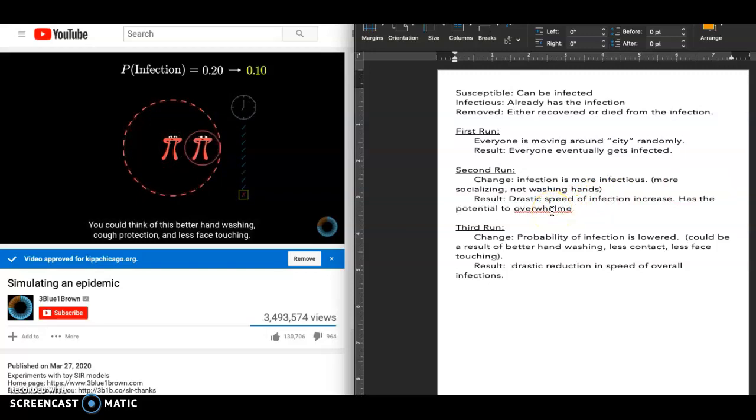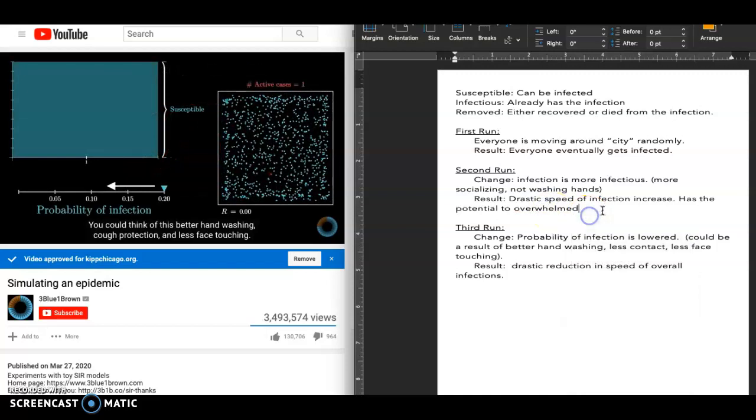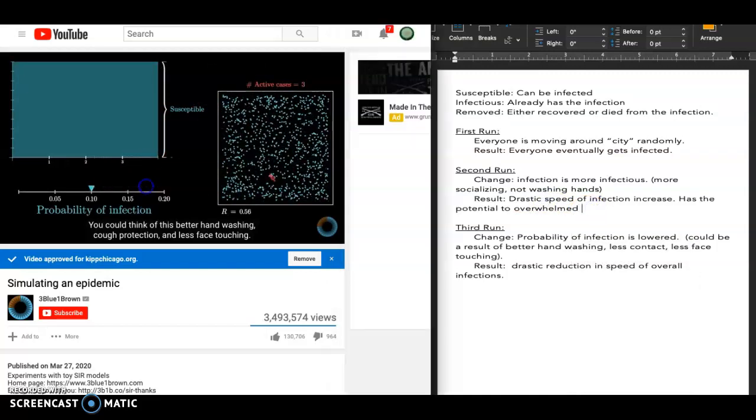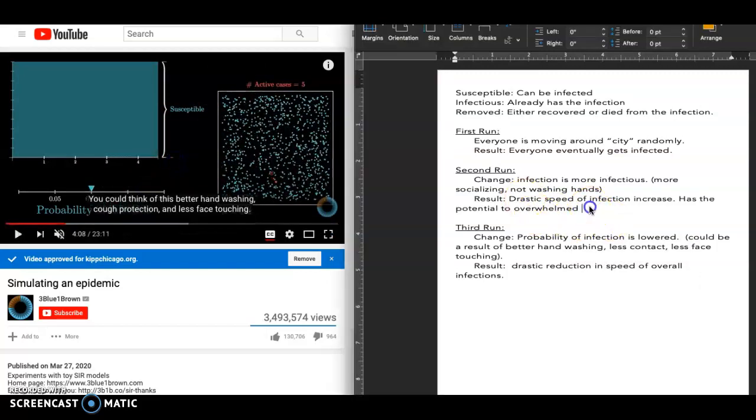If you haven't figured this out, if you're using Word, if you right click on the word, it can correct it for you. Has the potential to overwhelm the hospital system or healthcare system.